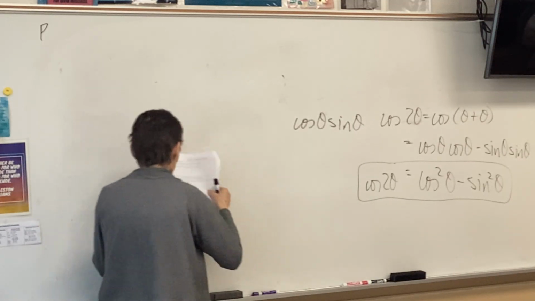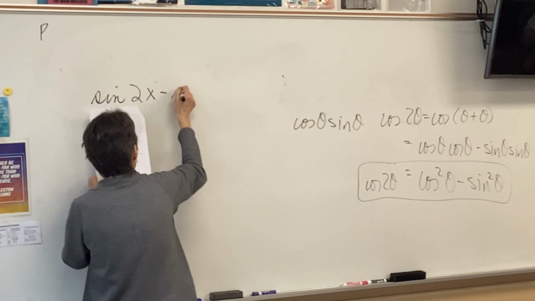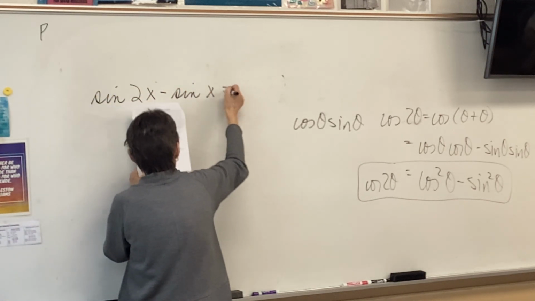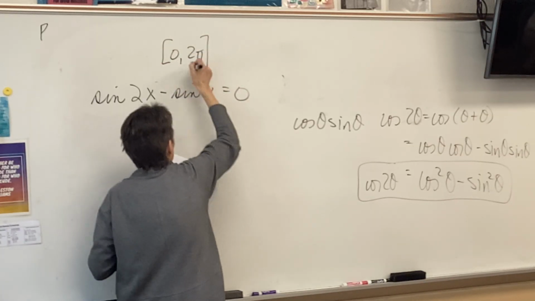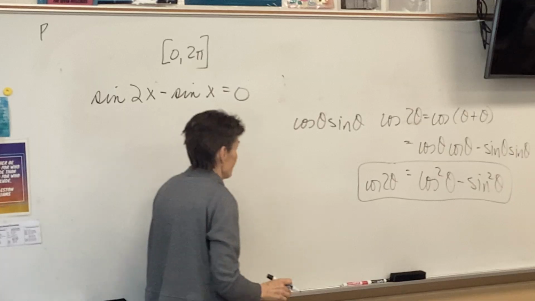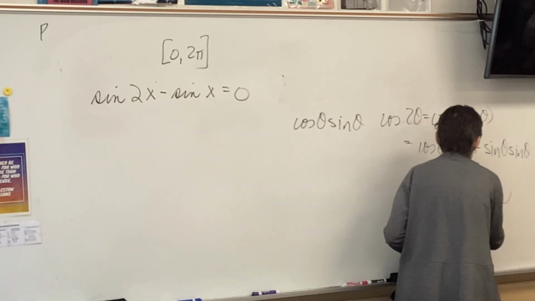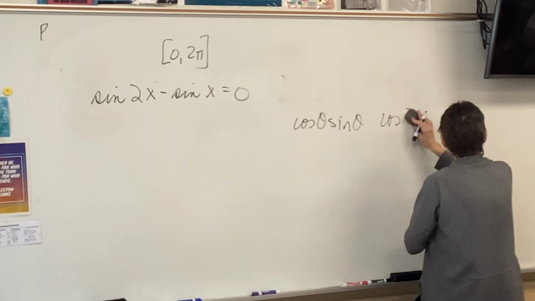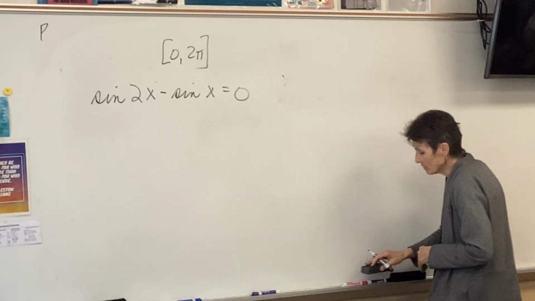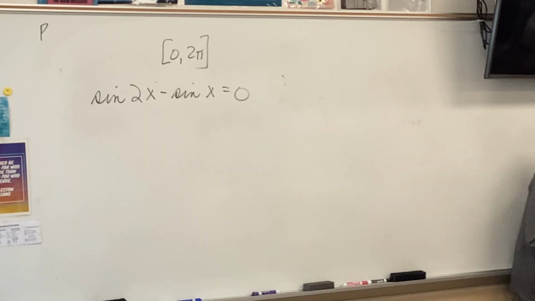All right, one more. Sine 2x minus sine x equals 0. I don't think we've done something like this. So do you have an idea? There's a very definite way you have to do it. Does anybody see it?